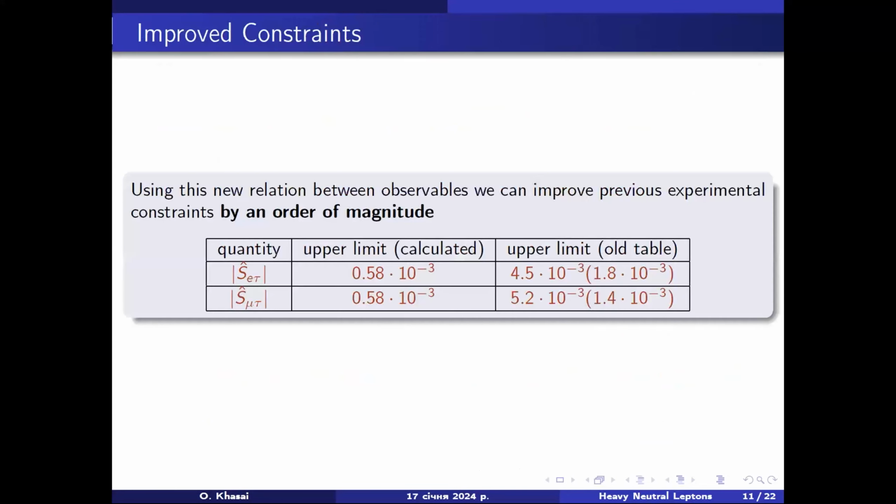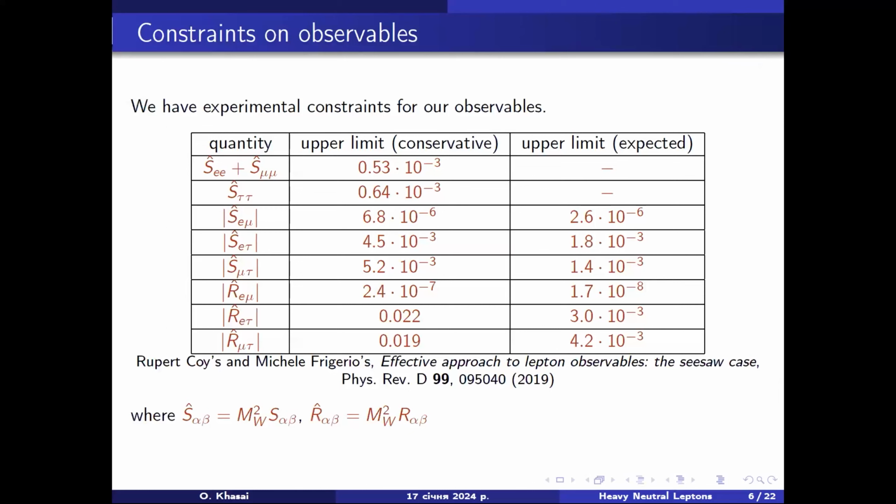Okay, give me a second. What I mean by future experimental results is that in future experiments there are expected upper bounds on the observable parameters. We expect that in future experiments we will be able to obtain such constraints as presented, for example, in this table.